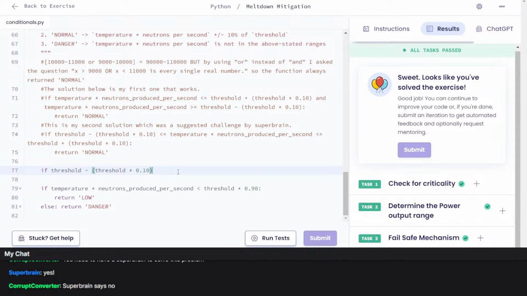This is the lower bound, so it needs to be outside the lower bounds. Corrupt Converter says outside the lower bounds. Super Brain says no. What? No, he said yes. Stop. That's mean, Corrupt. If not, nice threshold.